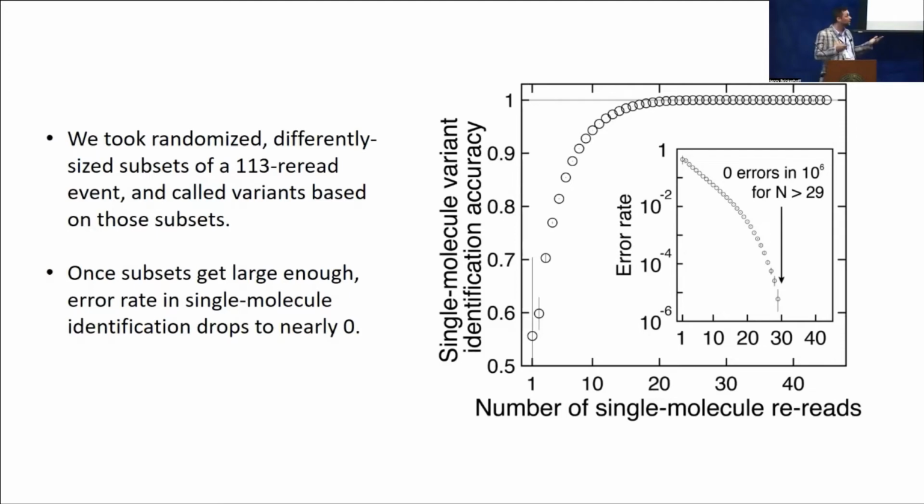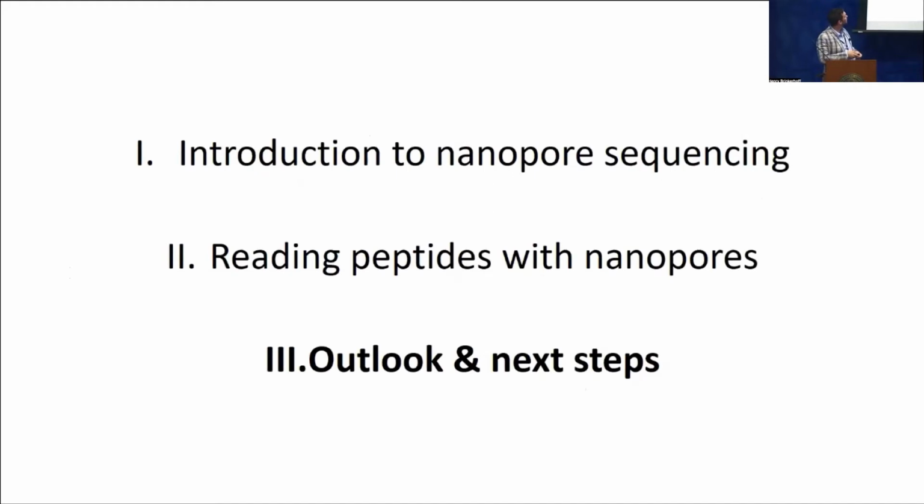And so we're able to show that you can take a single molecule, a single amino acid substitution in a single molecule, and I can tell you what amino acid that was to a very, very high precision if I can just measure 30 reads of the peptide in a row.